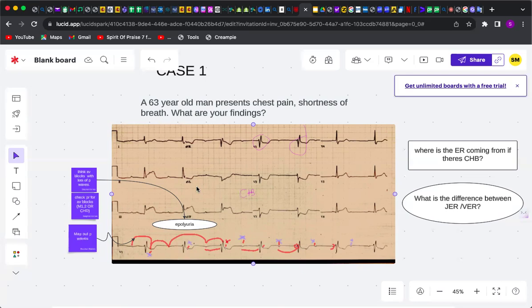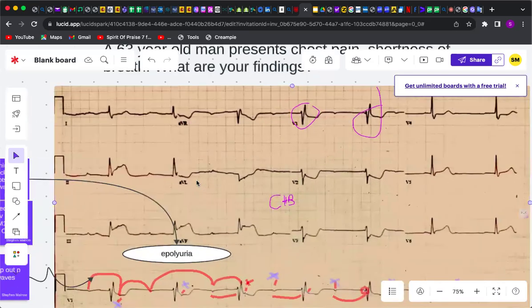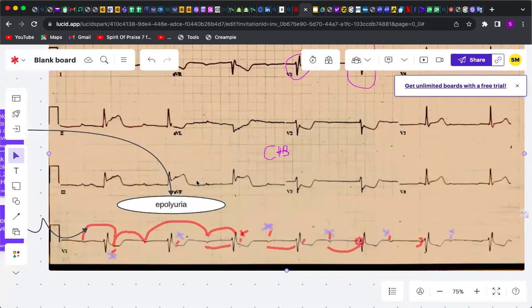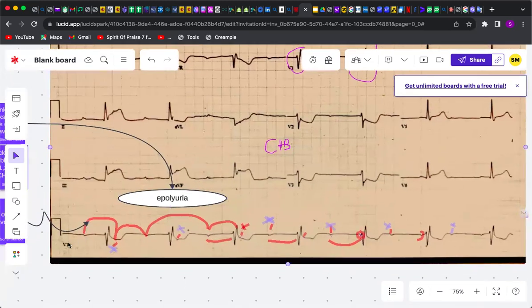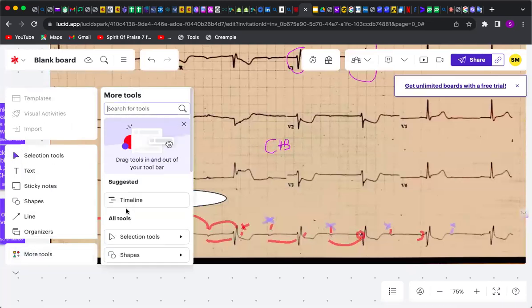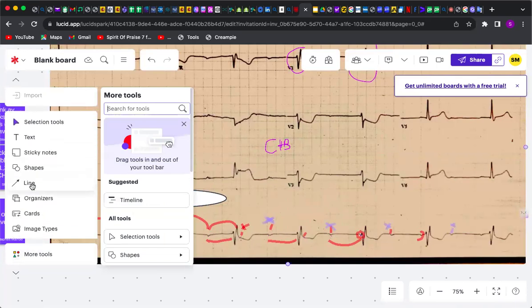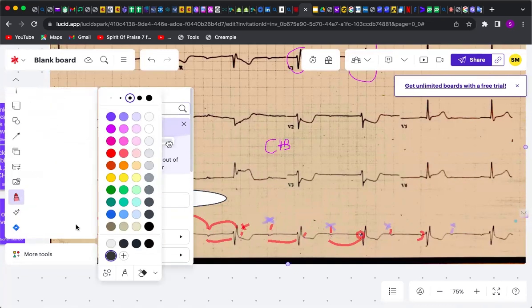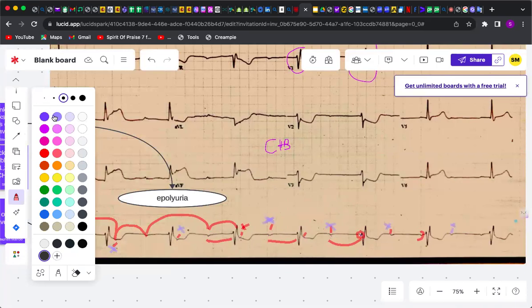Then what is more important here? Let's zoom in to analyze. When we look at V1 in particular, we have a number of P waves going on in there. Let me take my pen. So what are we seeing here?